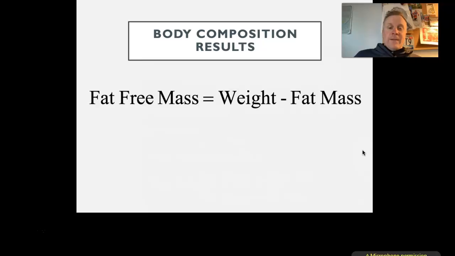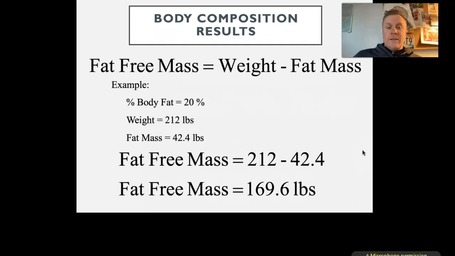The fat-free mass, so bone, tissues, cartilage, all that, is weight minus the fat mass. We will know the fat mass based off the percentage that we find through several different methods. Definitely with the different methods, it's going to be different. Once again, the error that's there is a little bit different for each.